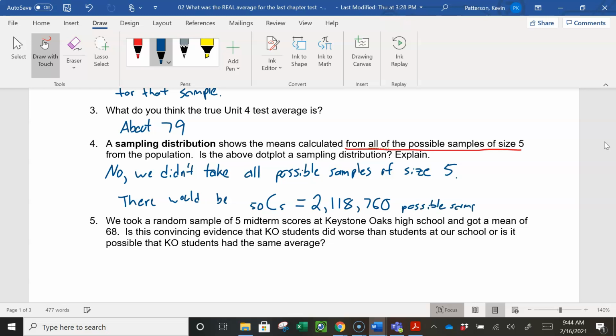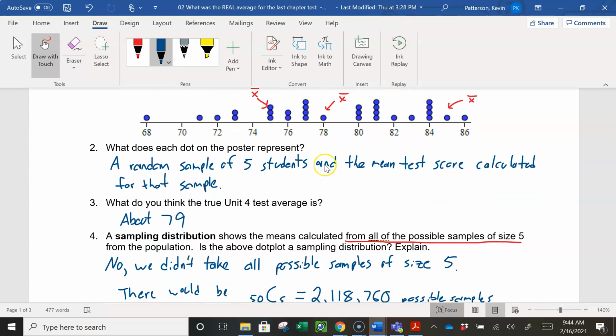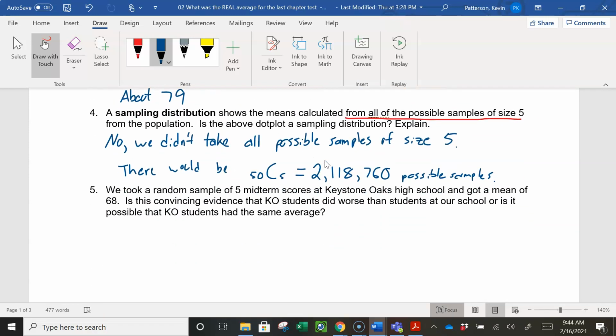It's kind of crazy to think about that there's that many different combinations of 50 things or samples of size 5, I guess I'm trying to say. Okay, so yeah, this is definitely not a true sampling distribution. There's not 2 million dots here.